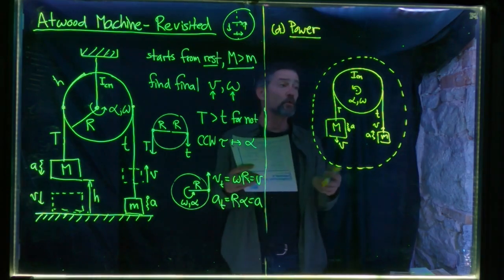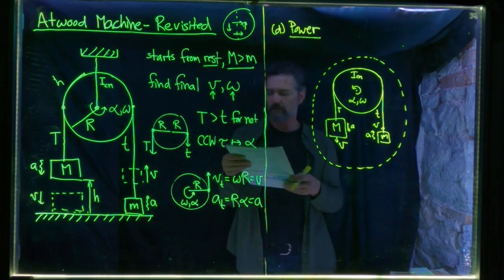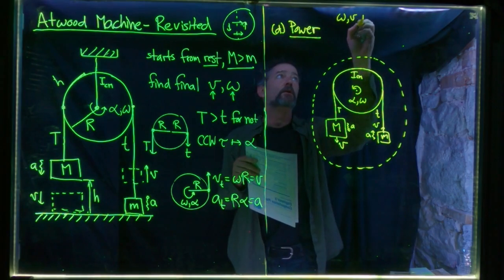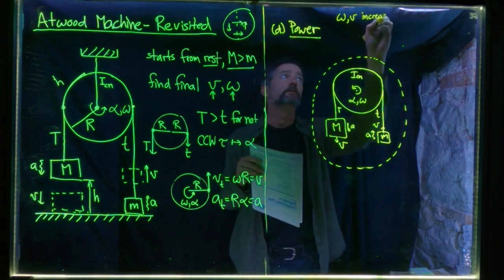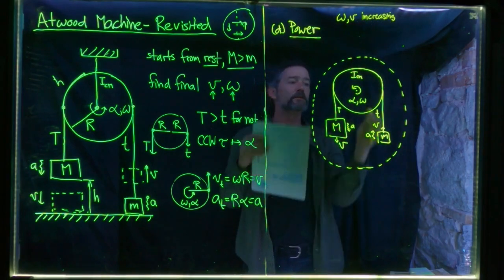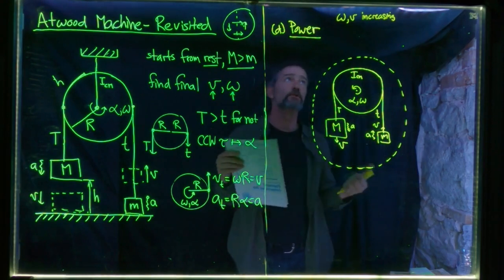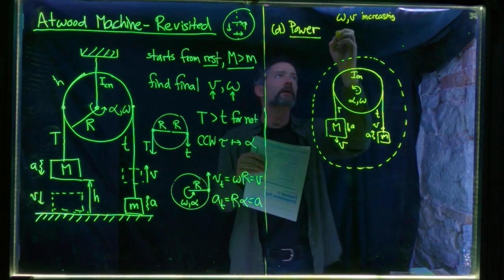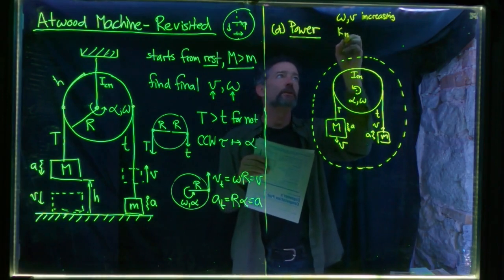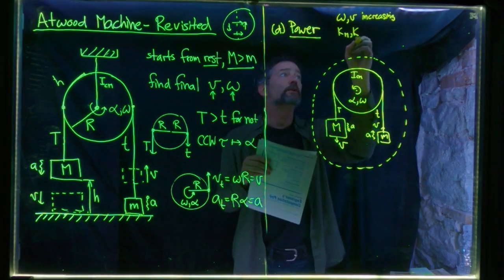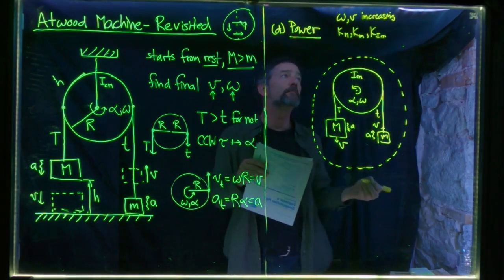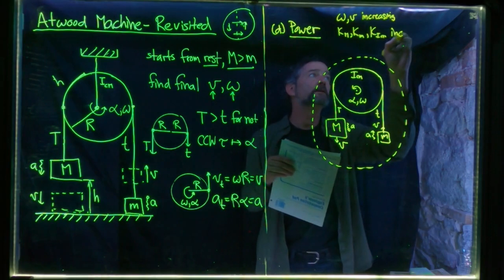I just want to point out that omega and v are constantly increasing. They start at 0 and increase as time goes on, which means that the kinetic energy stored in big M, the kinetic energy stored in little m, and the kinetic energy stored in the pulley, K_ICM, are also increasing.